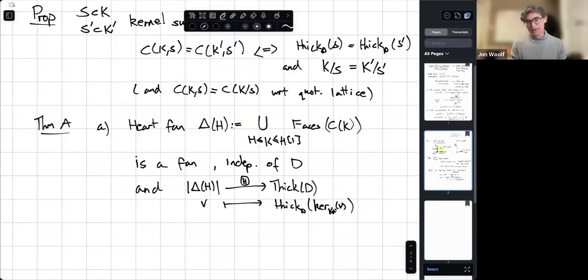And here you can choose any heart cone, any CK, that contains V. There may be many. It could be in lots and lots of different cones, but the point about the proposition above is that it doesn't matter which one you choose. This is a well-defined map.